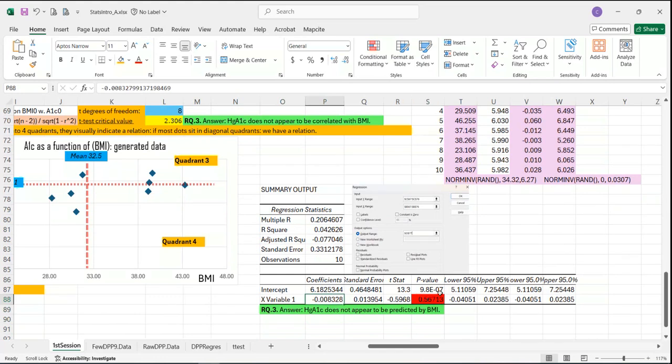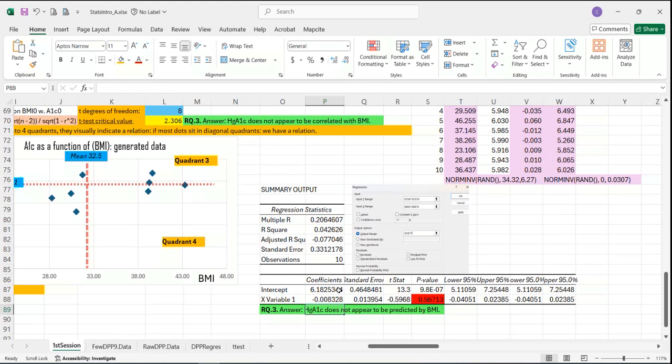It's null, or it's statistically 0. So the conclusion pretty much is that the predictor, or A1C, actually was the other way around. The BMI does not predict A1C, but they are not related.